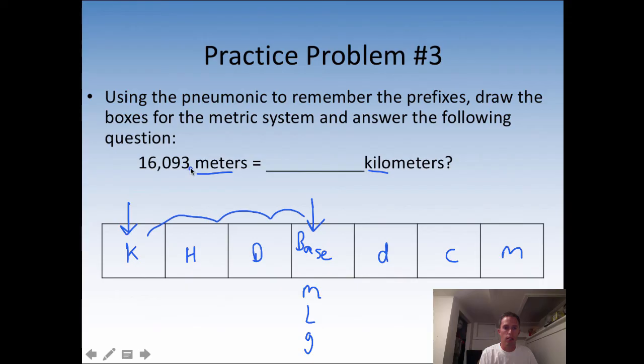Again, there's an understood decimal place right here, so let's move it 3 times to the left. 1, 2, 3. And so what we're going to have is 16.093 kilometers. So 16,093 meters is equal to 16.093 kilometers. Okay, very good.